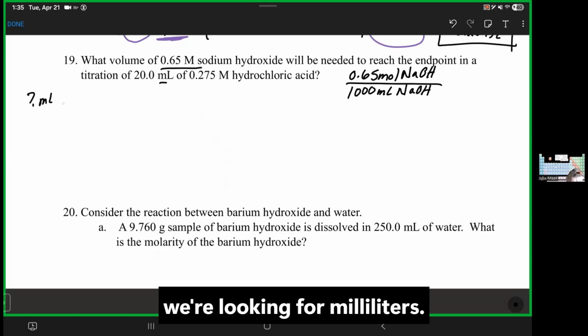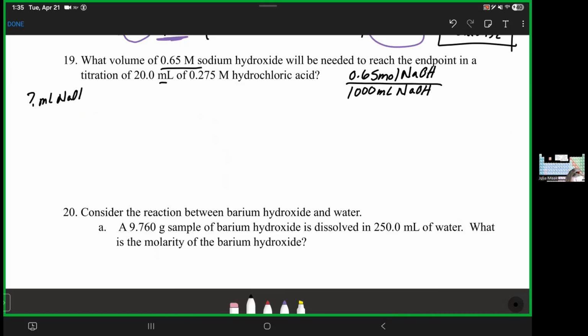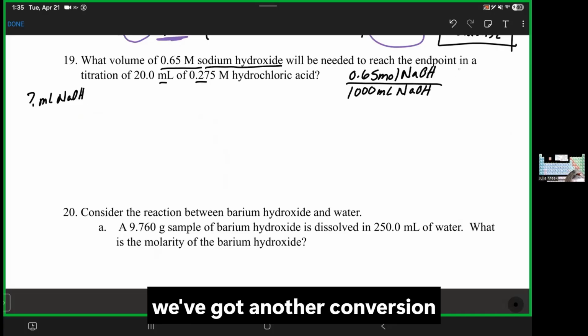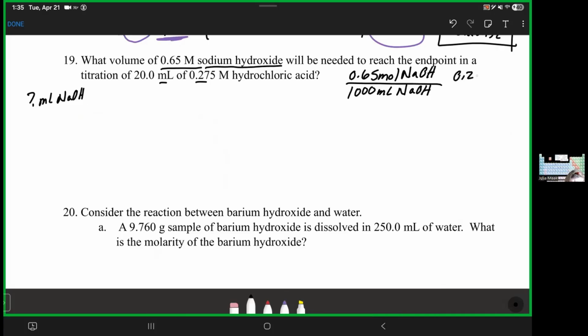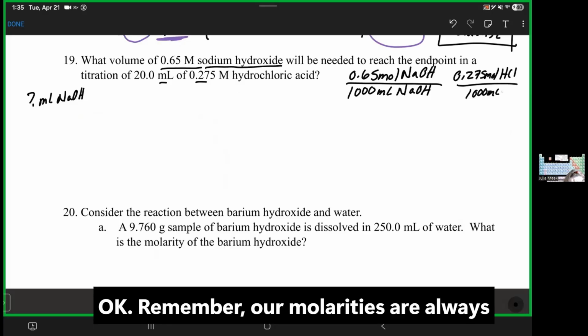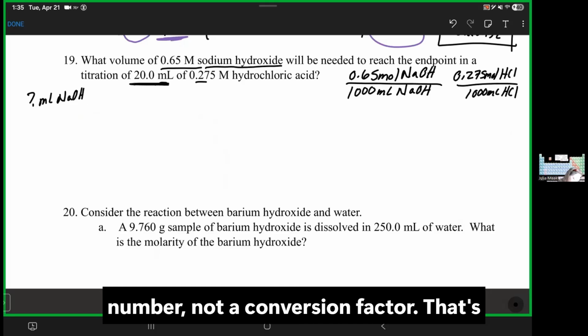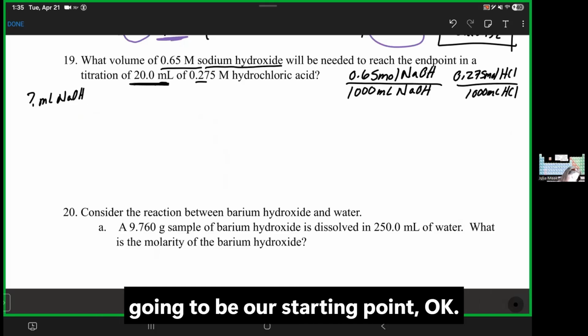So we're looking for milliliters. And sodium hydroxide, and we've got another conversion factor here. Okay, remember our molarities are always conversion factors. So we only have one number, not a conversion factor. That's going to be our starting point.